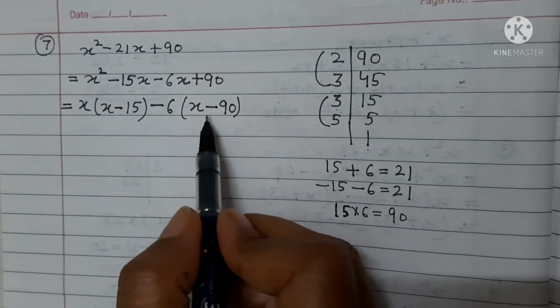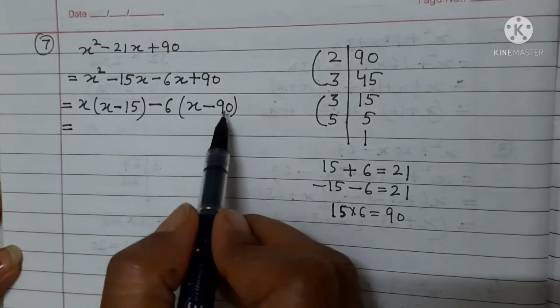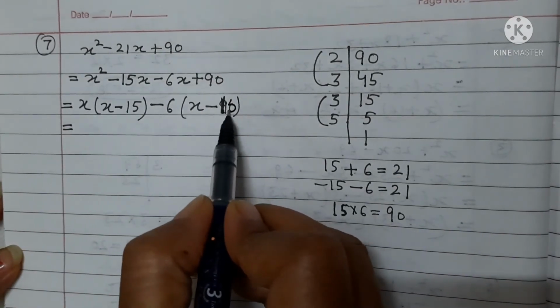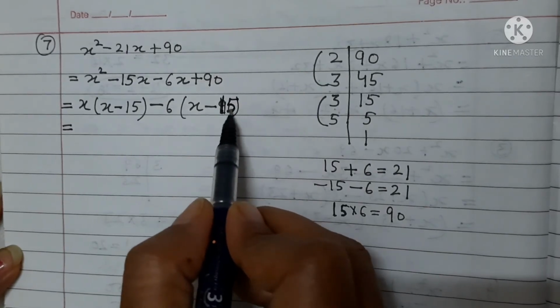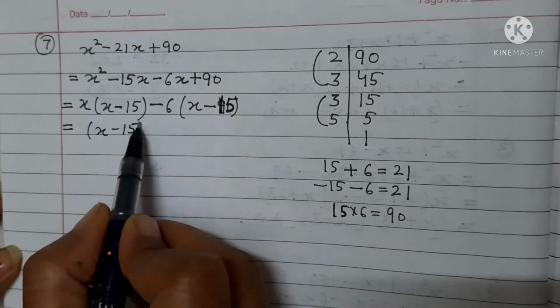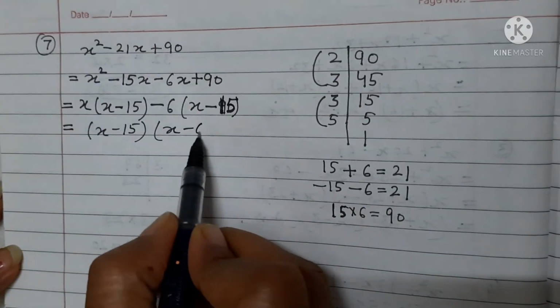Don't make a mistake of sign. Here this is 15, 15 6s are 90. Now x minus 15 is common, and the other factor is x minus 6.